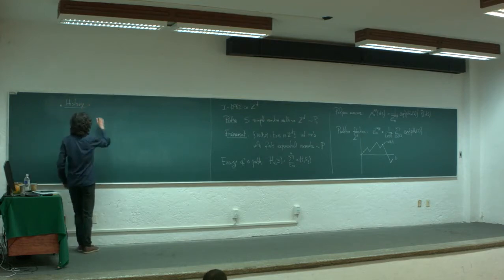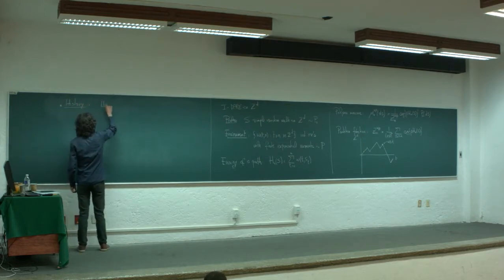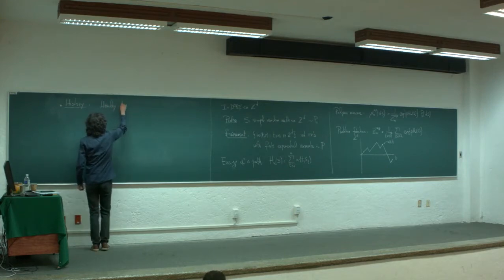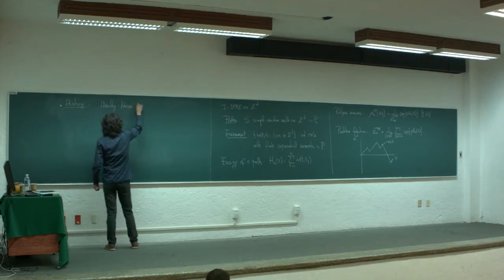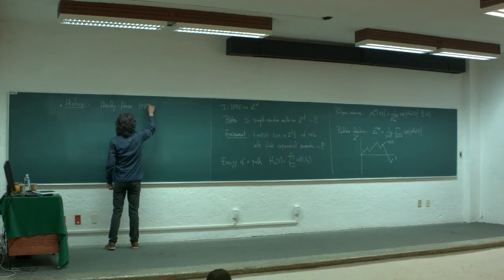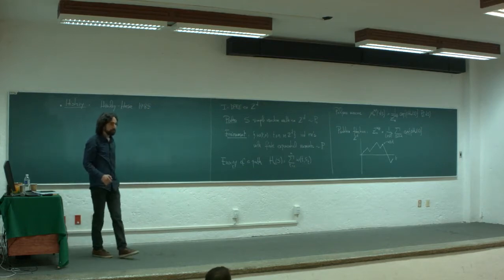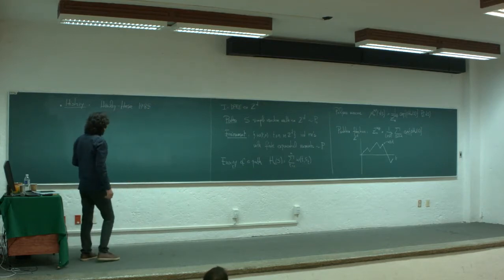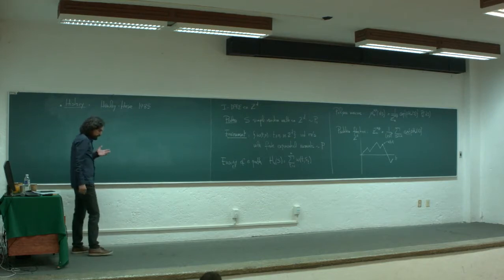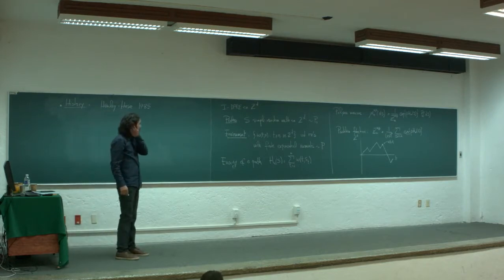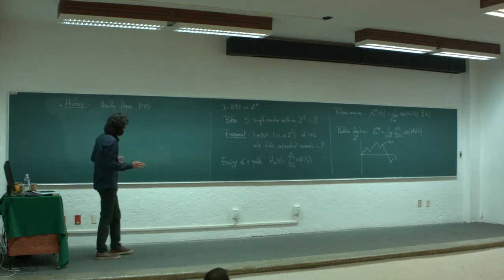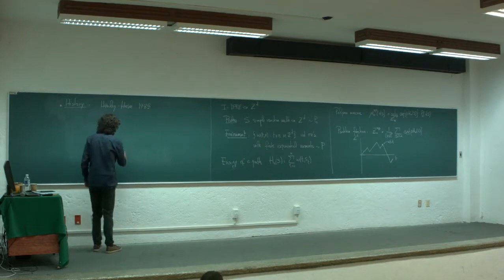It was introduced by Henley and Huse in 1985. So what they were doing was to study some, let's say, some spin models in disordered environments. So the situation is roughly the following.